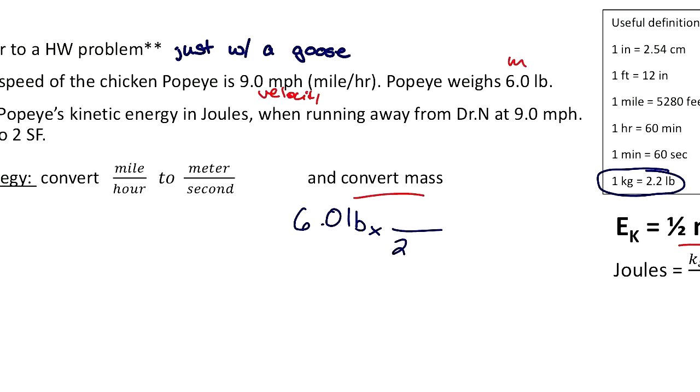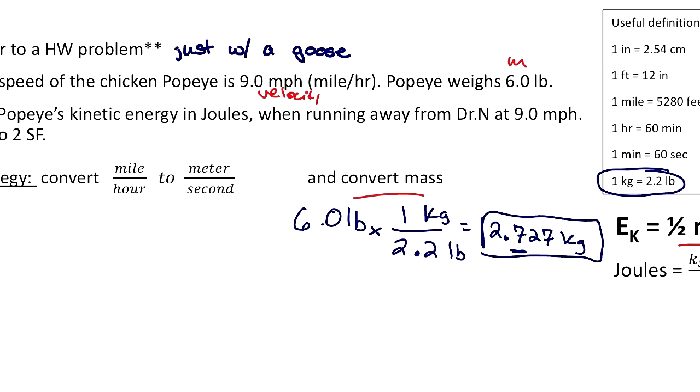Bottom. I'm going to put it on the bottom because that one has the pounds. And then I'm going to put 1 kilogram up top. So her weight is something like 2.727 kilograms. This should have 2 sig figs, but I'm going to be a good chemist and just keep additional digits at the end, but know that if I were done, I would round to 2 sig figs there. All right, so I'm just going to keep that on standby.